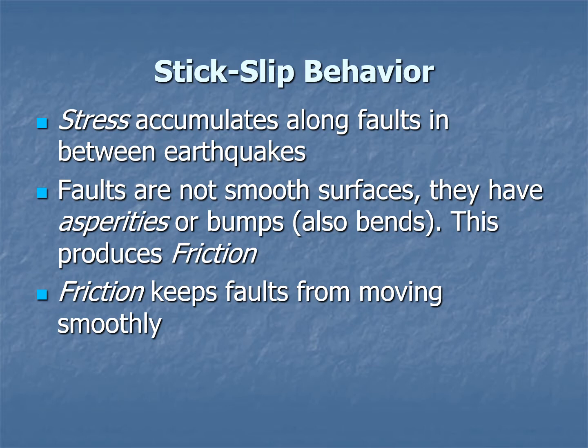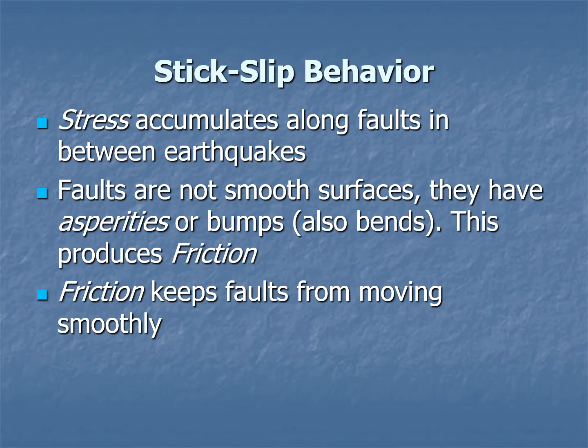Faults are not smooth. Okay, they've got bumps and bends. There's a lot of friction on the fault because in a lot of cases you have squeezing. Even if it's extension, there's still friction on the fault plane. So this means that you get a lot of stress to accumulate along your faults in between earthquakes.